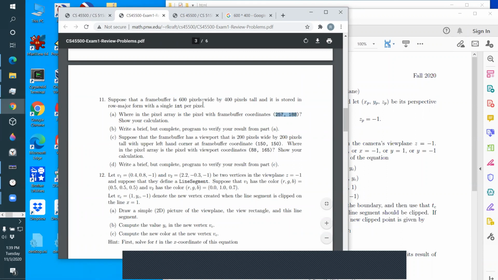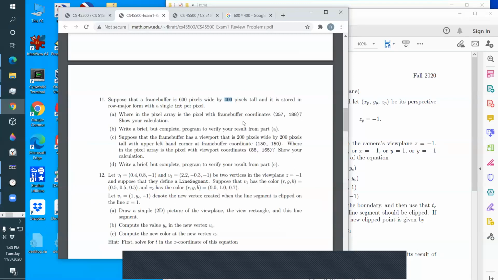Each row is 400 pixels wide. So you need, I think you said that backwards though. I think it's 600 wide. Oh, yeah, you're right. It's 600 pixels wide by 400 pixels tall. So each row is 600 pixels wide. So this is row 257, right?